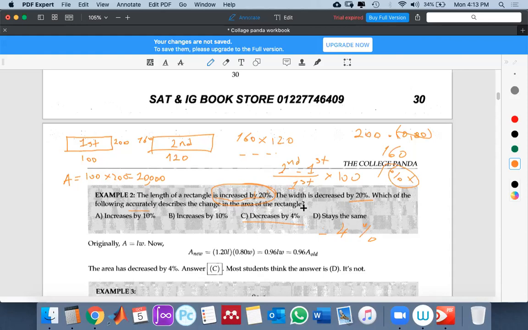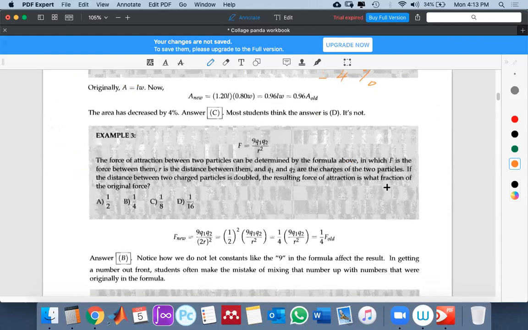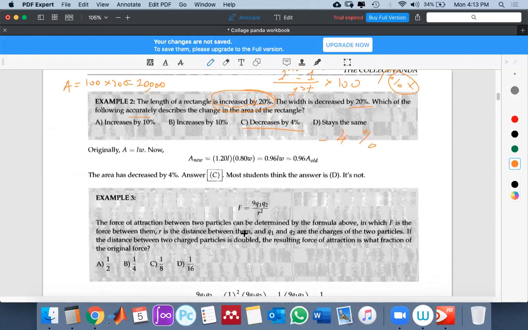And so negative 4% means 4% decrease. How can I solve the question easily, practically, not the classical one? Simple. What is the area in general? Area is length times width. So new area, I am increasing the length 20%.